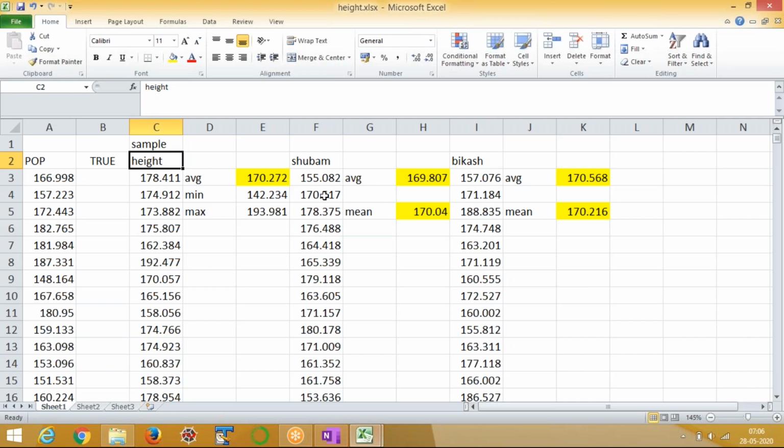The first person, Shiva, collected information related to height only. When I asked Shubham, he also collected information related to height only, but he is meeting different people. That means the data in the variable will always keep on changing.